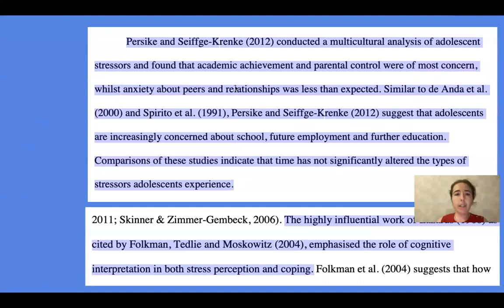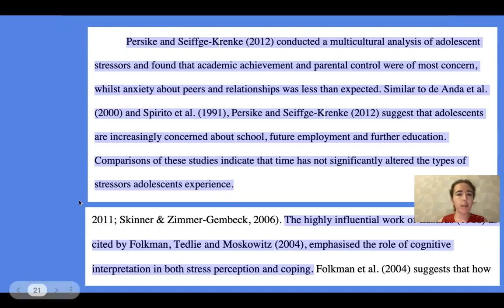So here is a paragraph. These authors conducted a multicultural analysis of adolescent stressors and found blah, blah, blah. Similar to them, they suggest that adolescents are increasingly concerned about school, future employment, and further education. Comparison of these studies indicate that time has not significantly altered types of stressors adolescents experience.